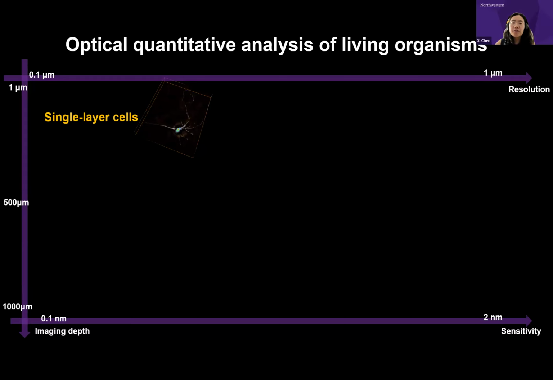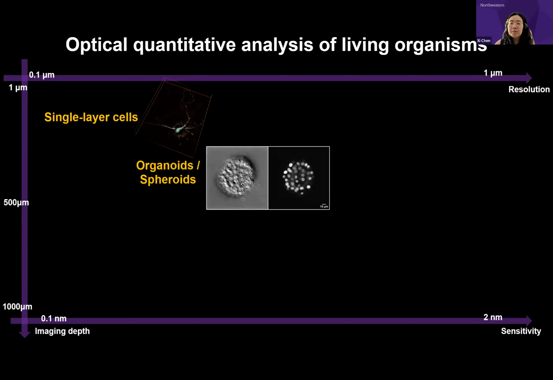We use visible light, so about 300 nanometers. Another thing is that we want to keep the phase sensitivity. I'll talk more about what I mean by phase imaging. For the phase sensitivity, we want to keep nanometer sensitivity, so we can measure really small changes in the nanoscale.